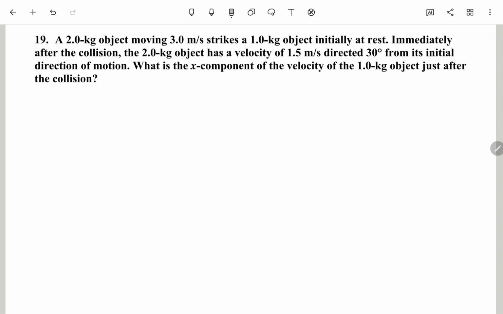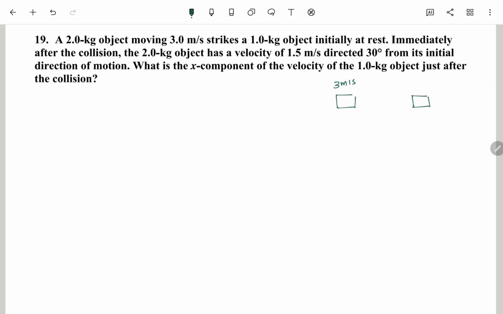Here's the situation. A 2 kilogram object is moving with 3 meters per second and strikes a 1 kilogram object initially at rest.